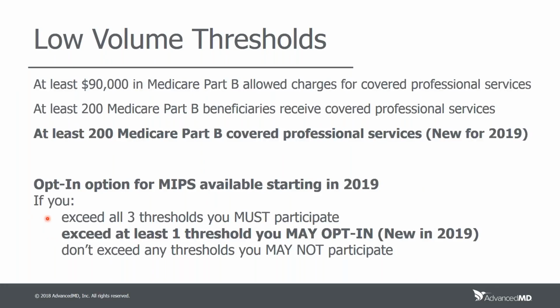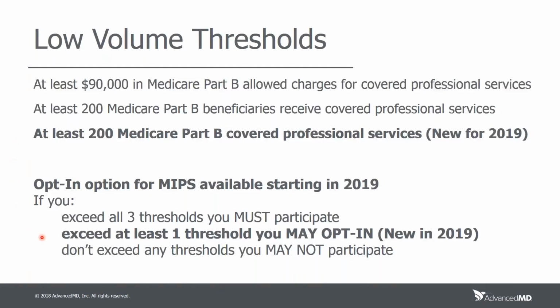Well, you can choose whether or not you're going to do anything about it, but then you'll be penalized if you don't turn in any data. So if you exceed all 3, then you must participate. If you don't exceed any of them, then you don't get to participate. And new for this year, if you exceed at least one of these 3 thresholds, then you can opt in. And that's new in 2019.